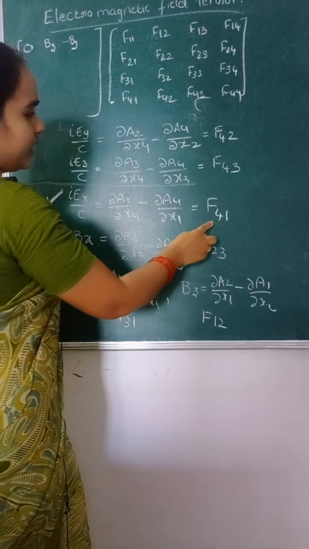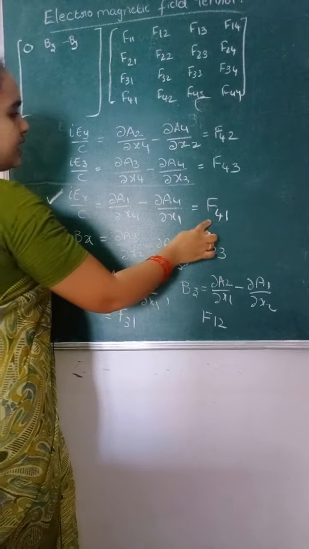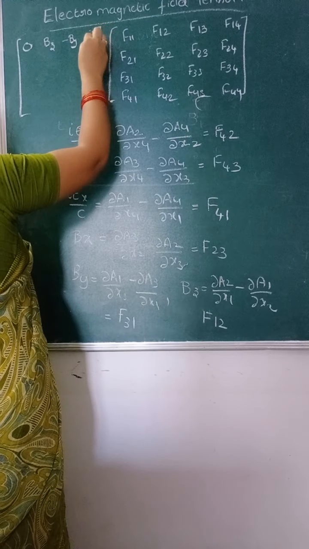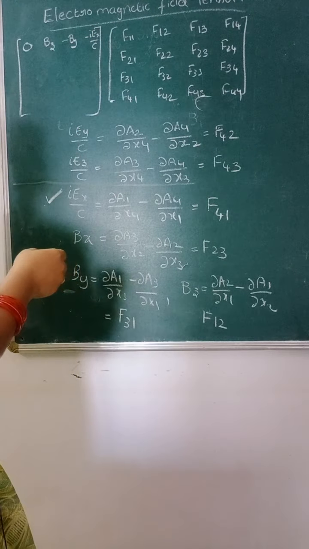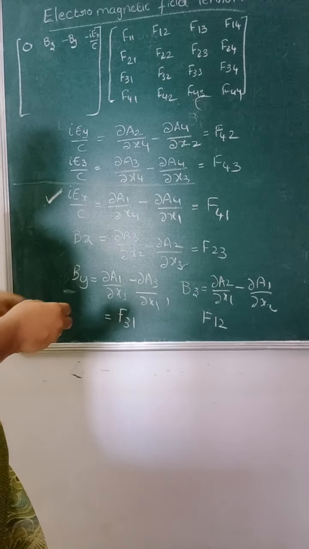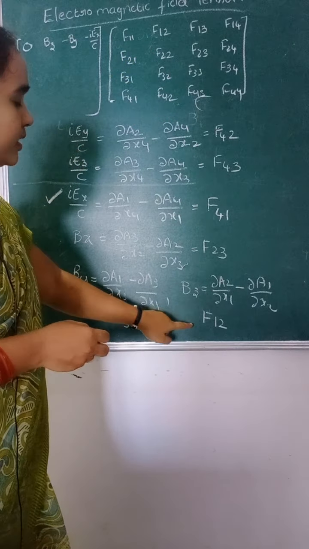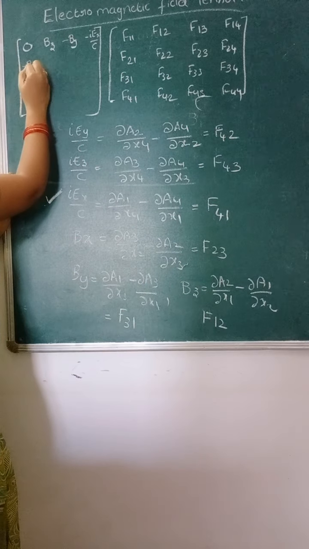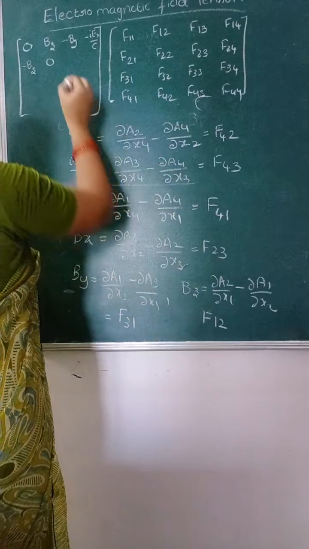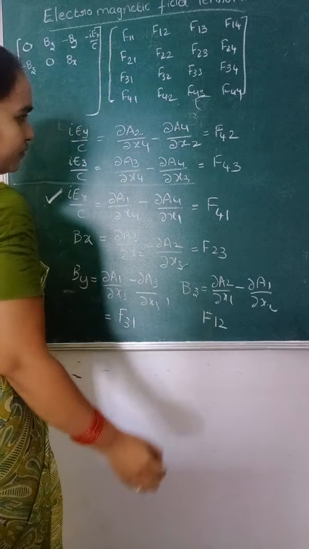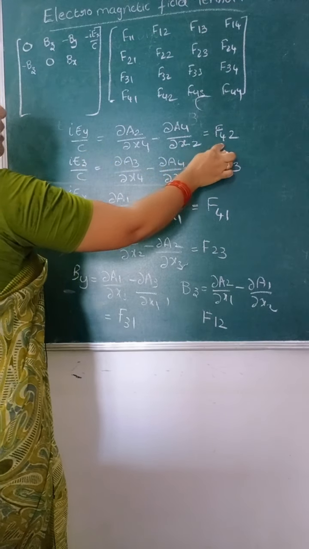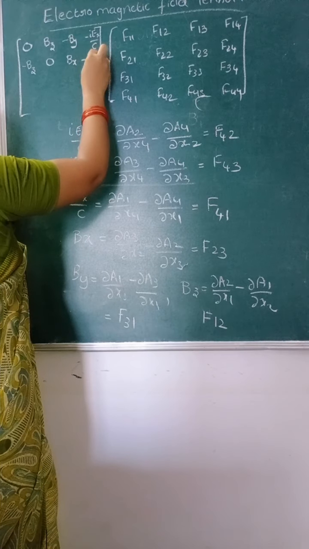And F14: since F41 is iEx/c, then F14 is minus iEx/c. Next, similarly F21. F12 is Bz, so F21 is minus Bz. Next, F22 is 0. Next, F23 is Bx. F24: since F42 is iEy/c, then F24 is minus iEy/c.